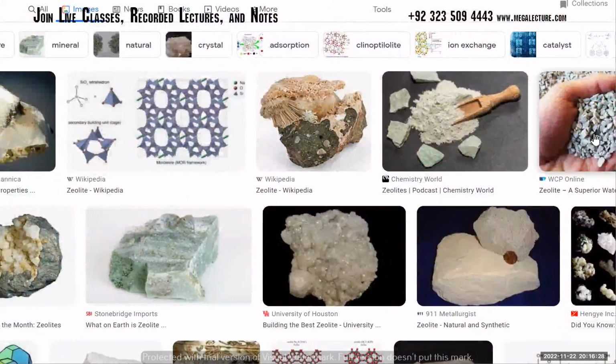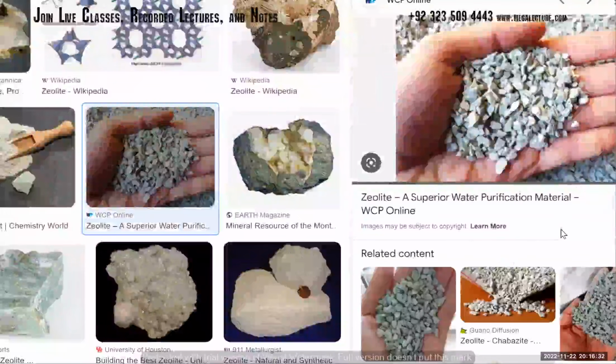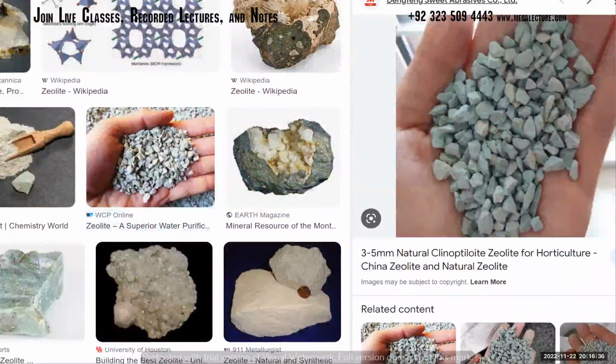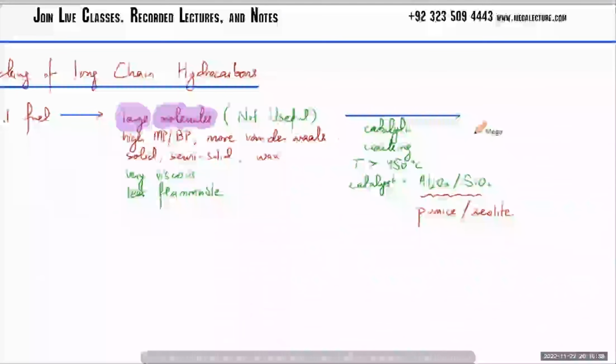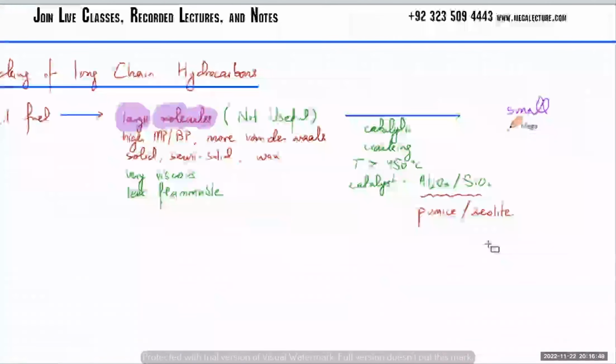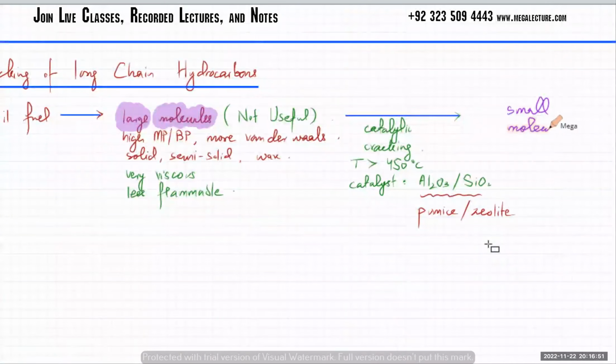So they are used in small pieces. That's another rock, very similar to pumice. So pumice and zeolites are used, and what you get is small molecules as a result, which are usually alkanes and alkenes.